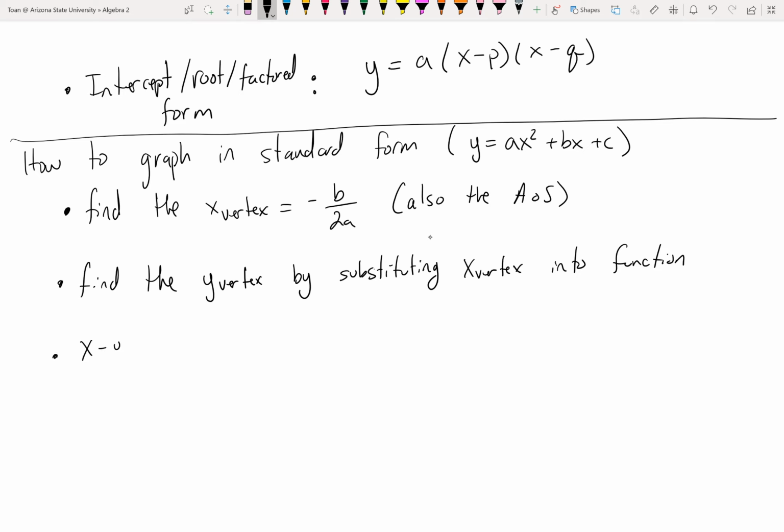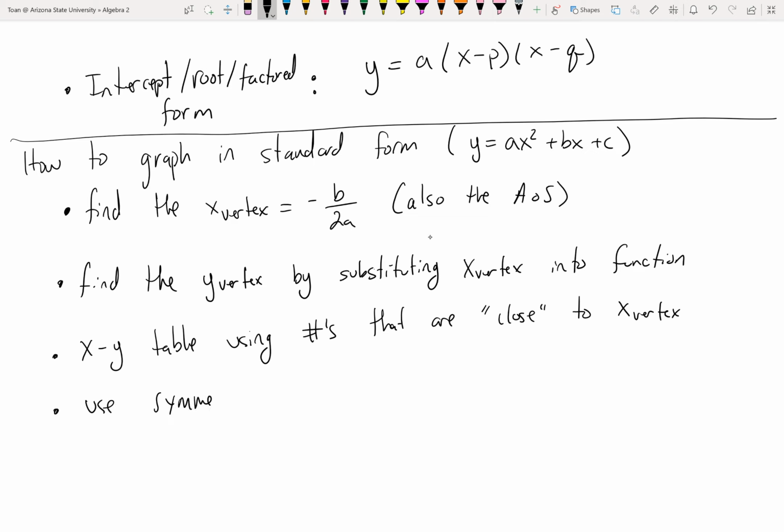You're going to make an xy table using numbers that are close to the x coordinate of the vertex. And then last but not least, use symmetry to complete the graph.